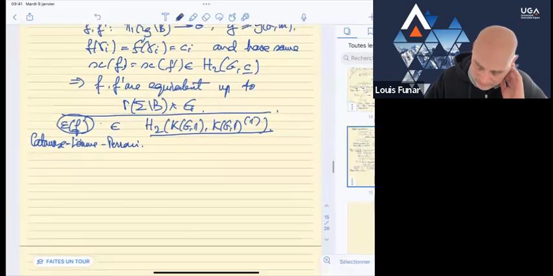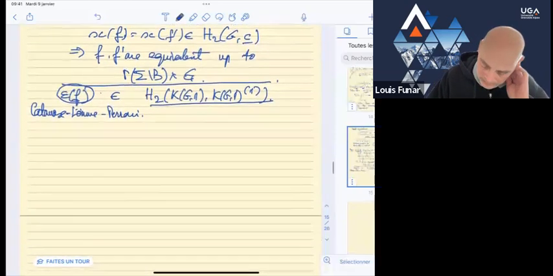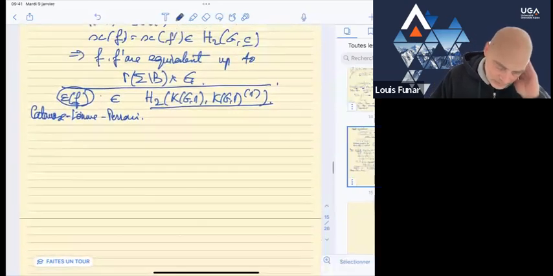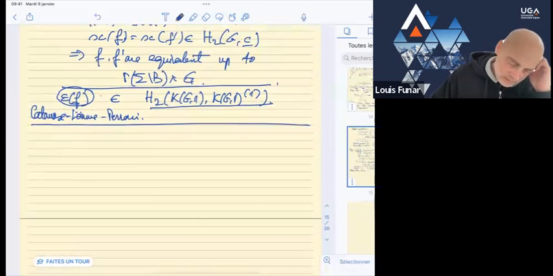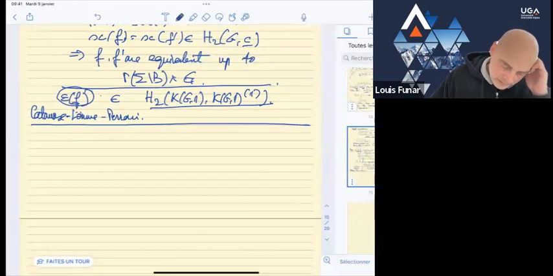Now, to see what's going wrong, you need to be able to lift everything now with constraints. So the constraints are of the following form.